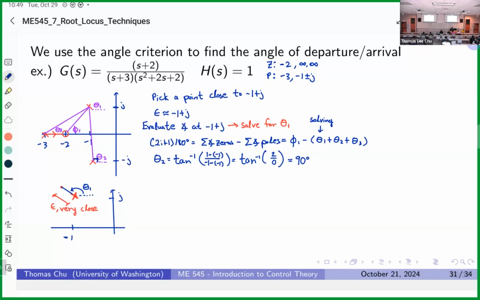Let's say we're solving for theta 2, if we were finding theta 1 and trying to pick a point at -1 minus j. If we were evaluating that point, then we would be solving for theta 2. Then theta 1 would not be 90 degrees.